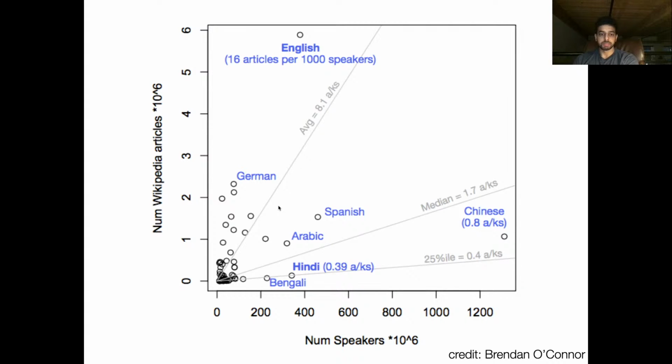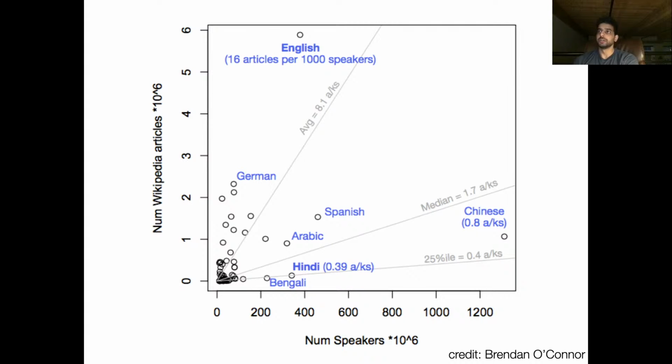This is a plot of the number of Wikipedia articles as a function of the number of speakers of a language. So you see that English here, you have by far the most Wikipedia articles, and you have roughly 400 million speakers. And you see something like Hindi down here, where there's way fewer, orders of magnitude fewer Wikipedia articles on Indian Wikipedia than there is on English Wikipedia, but the number of speakers is huge.